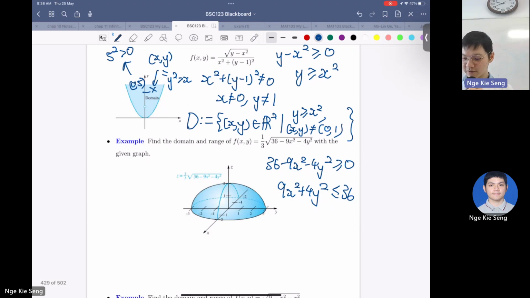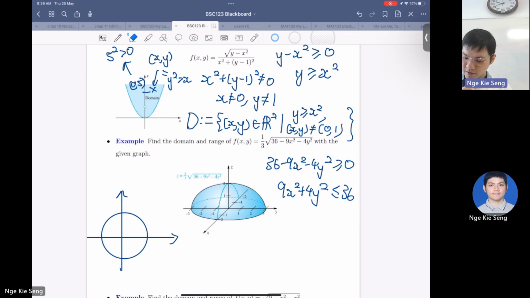Last time we also had this for our circle. Remember this circle stuff? Let me redraw this circle. If we want to draw out this semicircle, we can also write it as y equals the square root of 1 minus x squared.